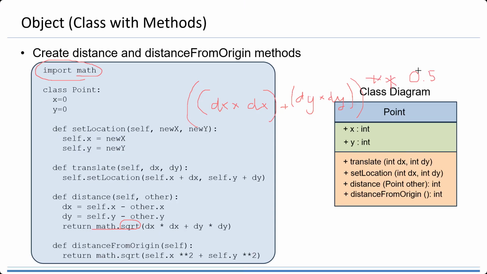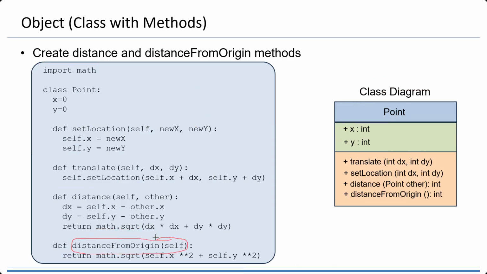Power 0.5 means square root. Okay, so it is the same. You can use the math.sqrt, or you can raise to the power of 0.5 to indicate the square root. The distance from origin. Okay, when we check the distance from origin, it means we want to see the distance of the particular object. Let's say I have P. So I call the function distance from origin.